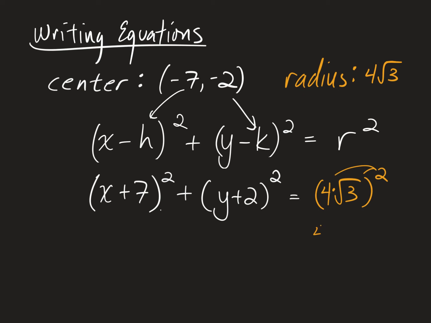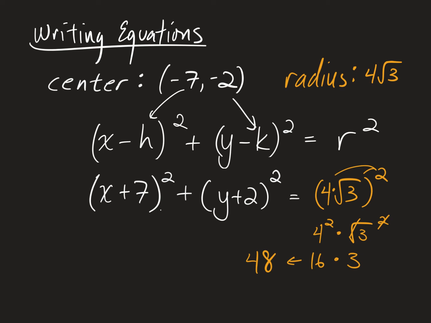So this is really 4 squared times root 3 squared. And 4 squared is 16, and root 3 squared, roots and squares undo each other, gives you a 3, and that gives you 48. So 16 times 3 is 48.